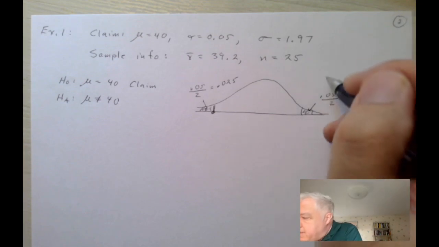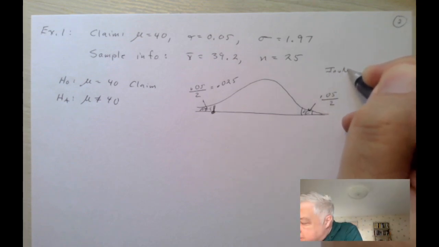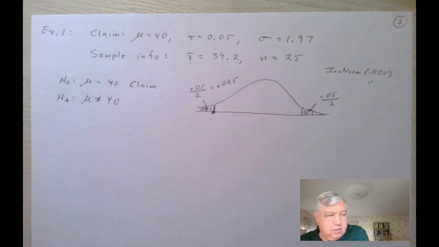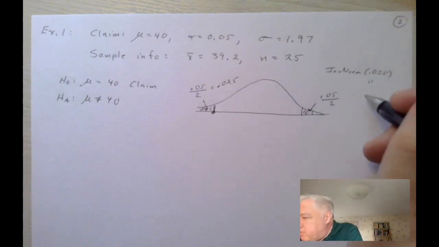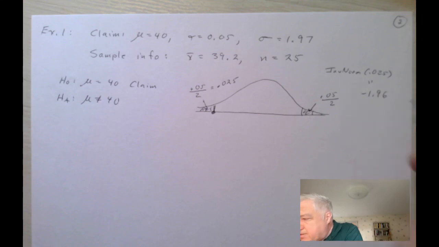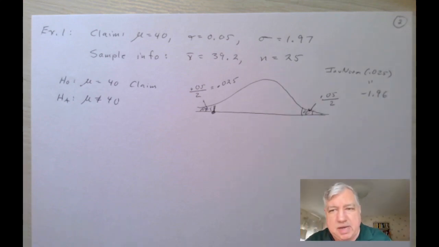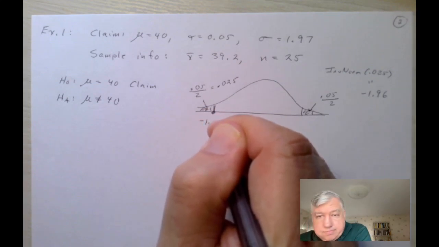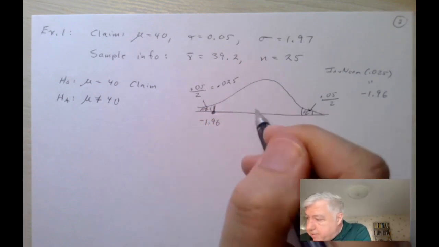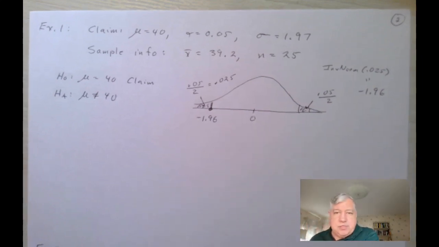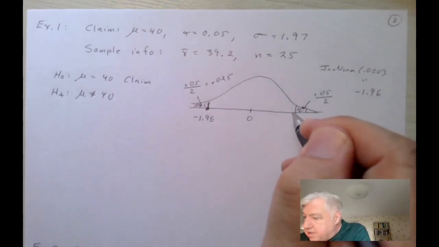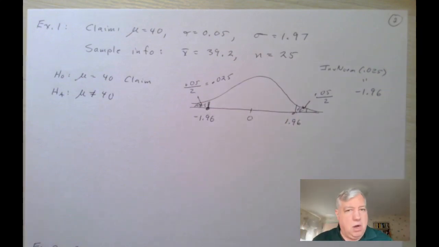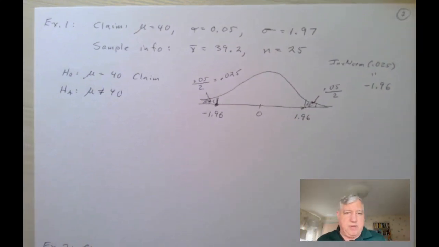Okay, and it turns out the inverse norm of 0.025 is equal to negative 1.96, which we've almost seen before, except for the minus sign. Okay, and this is the standard normal curve, which is centered at 0. So this other value is going to be positive 1.96. Okay, so these are our two critical values.